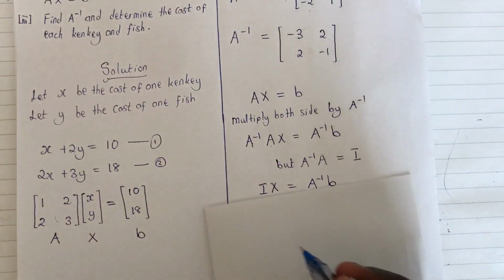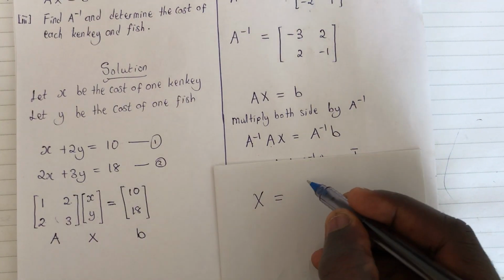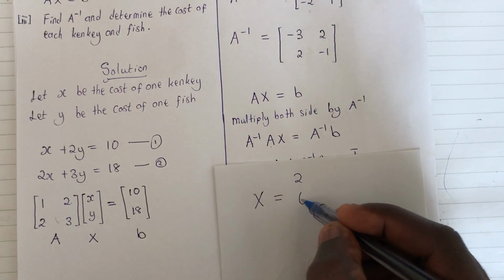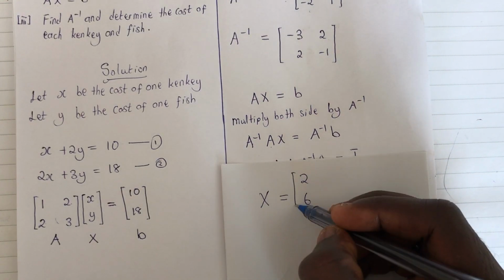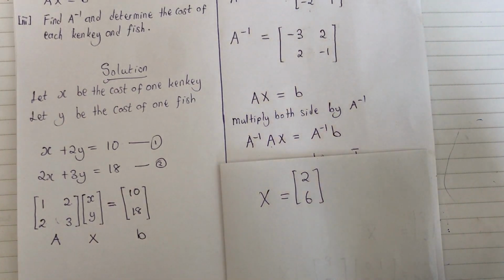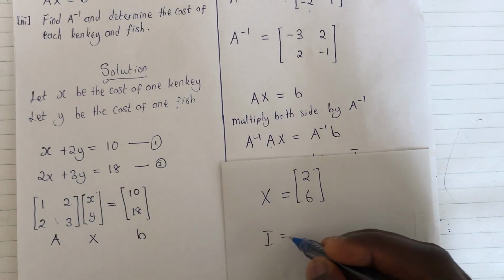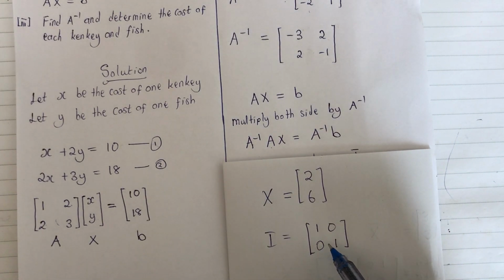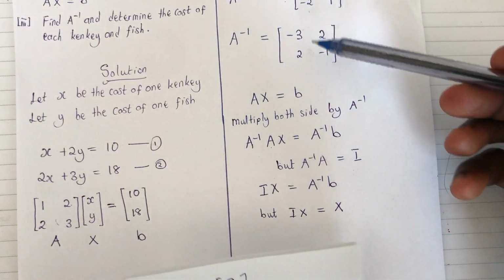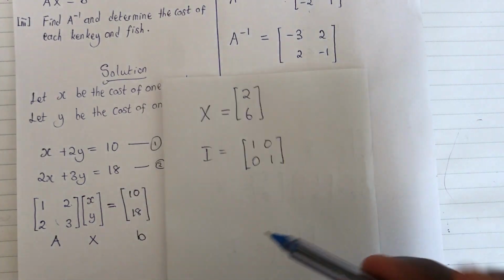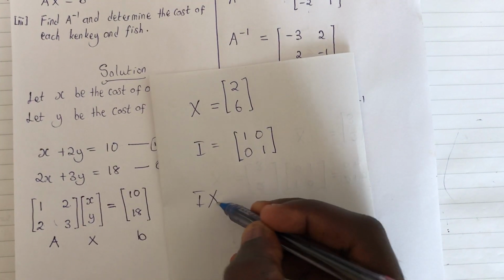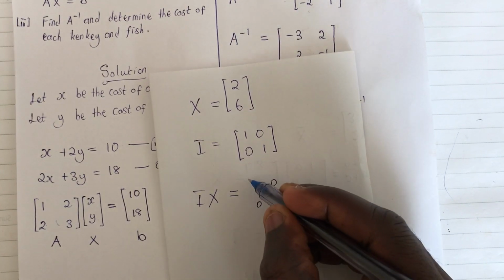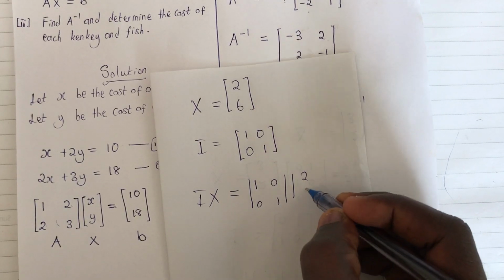So let's assume that we have X equals, let's say, 2, 6. And then we have the identity matrix I equals 1, 0, 0, 1. This is the identity matrix for a 2 by 2 matrix because I'm working with a 2 by 2 matrix. So now, if I want Ix, the result is what? 1, 0, 0, 1 times 2, 6.